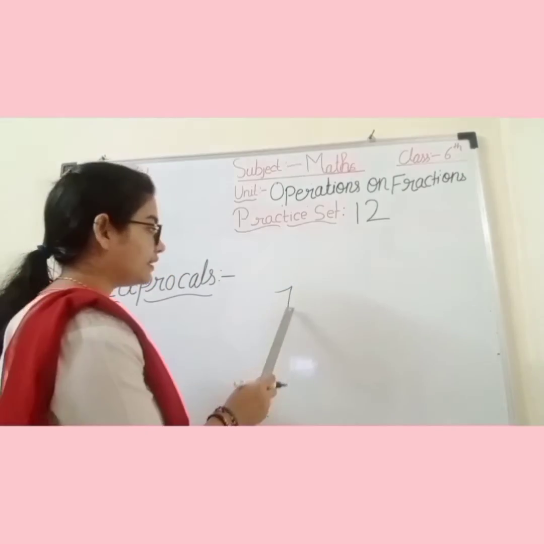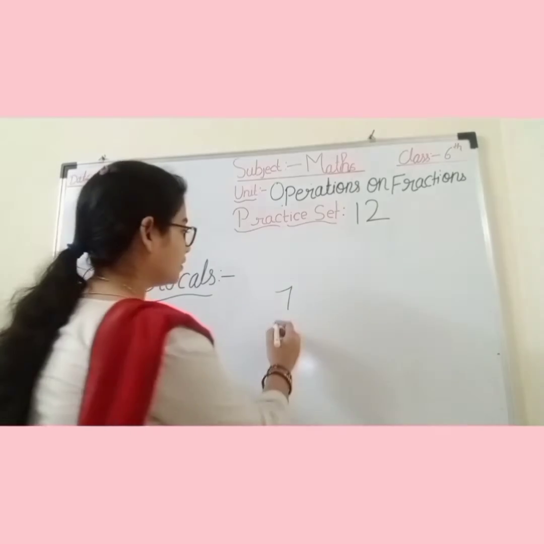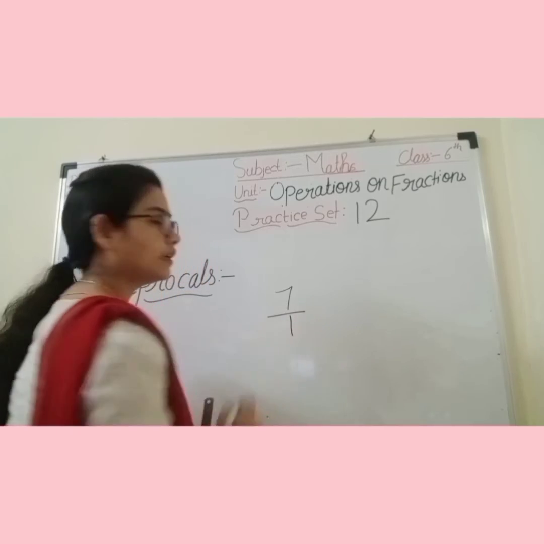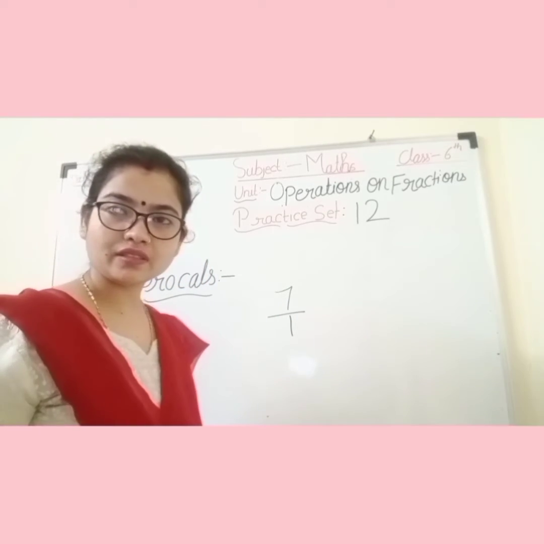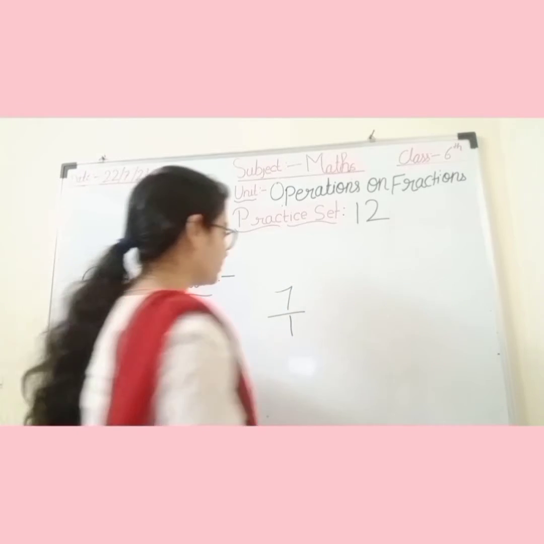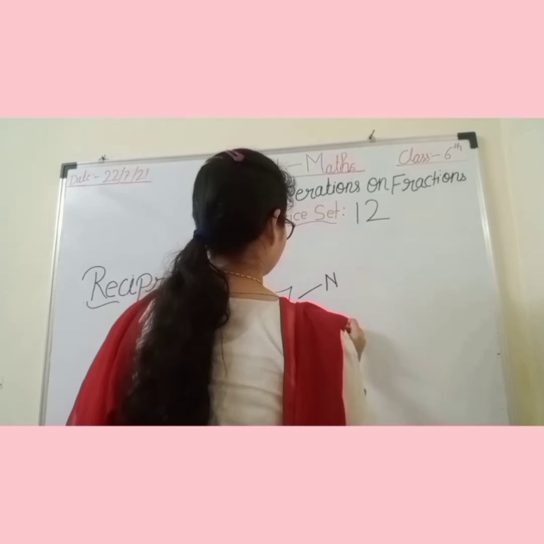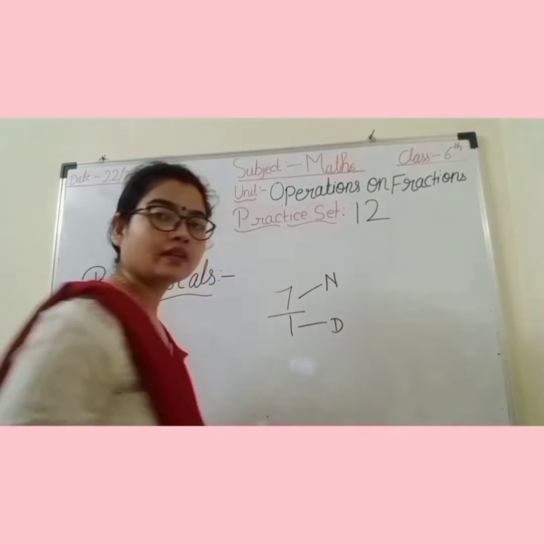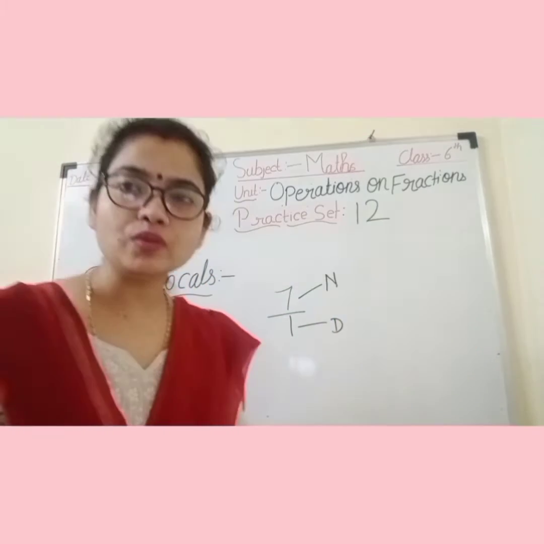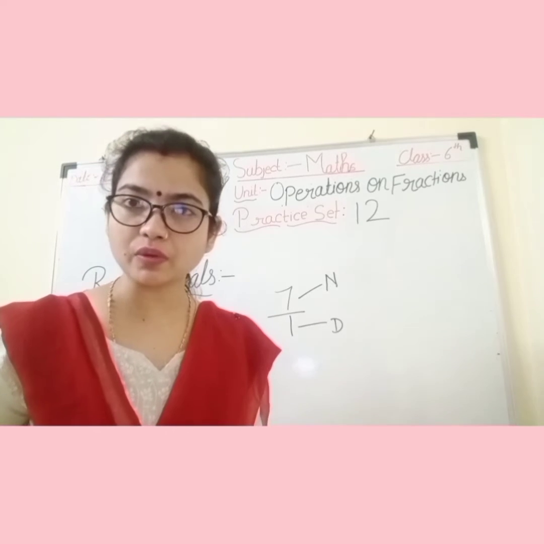So 1 will be in its denominator. 7 is numerator and 1 is denominator. Clear student? So how will you get the reciprocal?